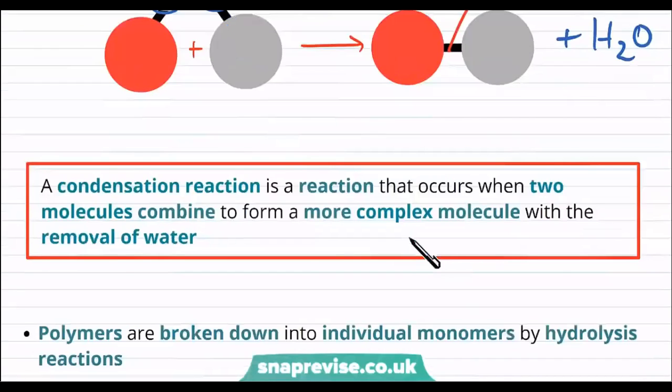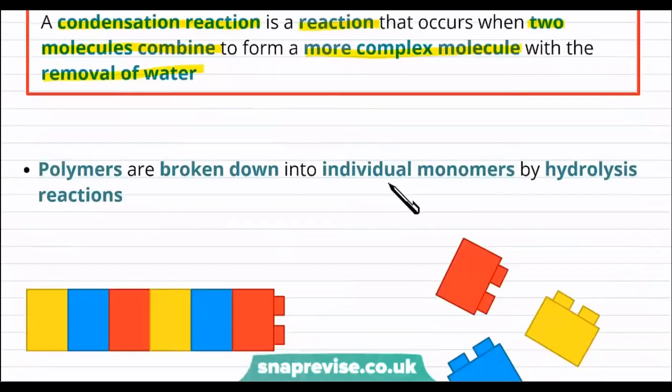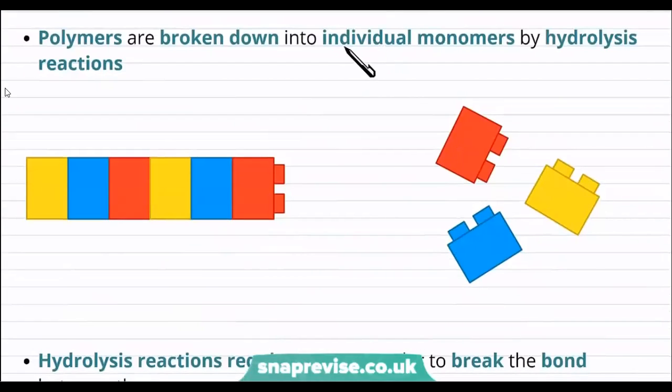So by definition, a condensation reaction is a reaction that occurs when 2 molecules combine to form a more complex molecule with the removal of water. And that can be a monomer joining a chain or just 2 monomers binding together. So that's how we make polymers. What about breaking them down? For example, if we're digesting foods.